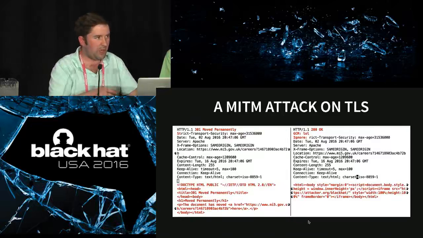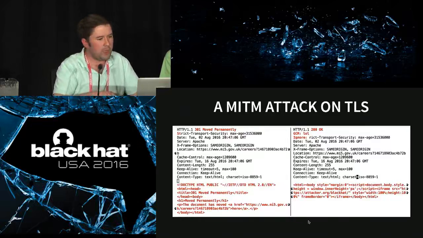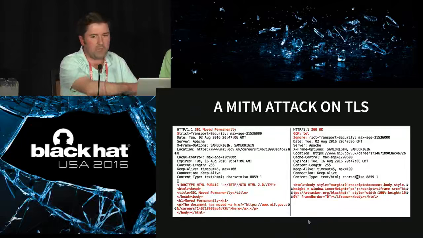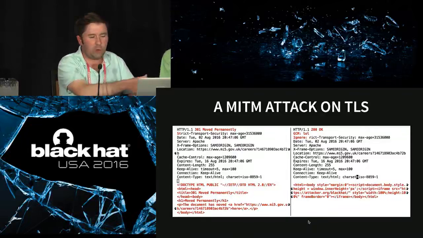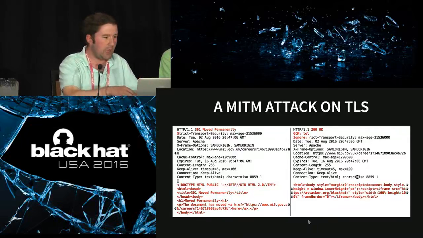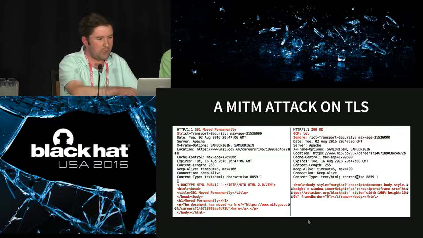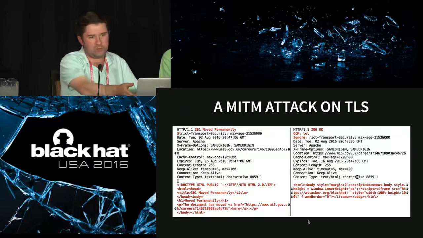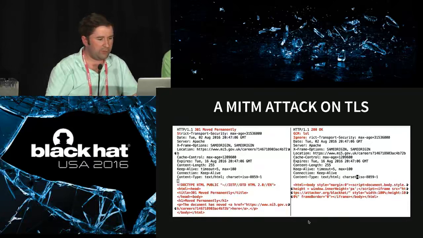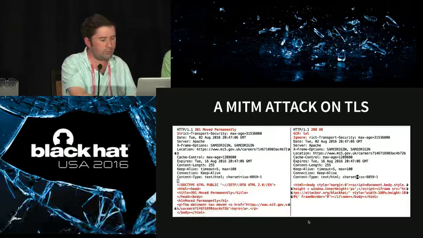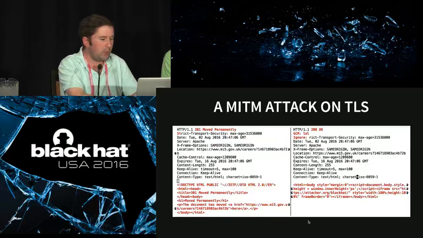So we chose to go with a more surgical approach where we change the HTTP response from 301 to 200 OK, and we mess with the next few headers just to make sure it's a valid HTTP response. And then we replace the body of the response with a block of HTML that's going to load our slides from a domain we control.